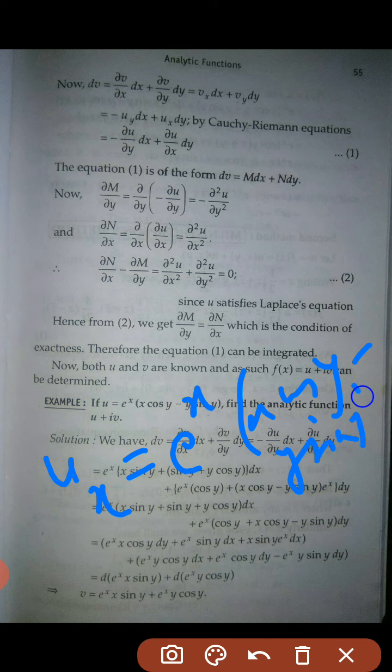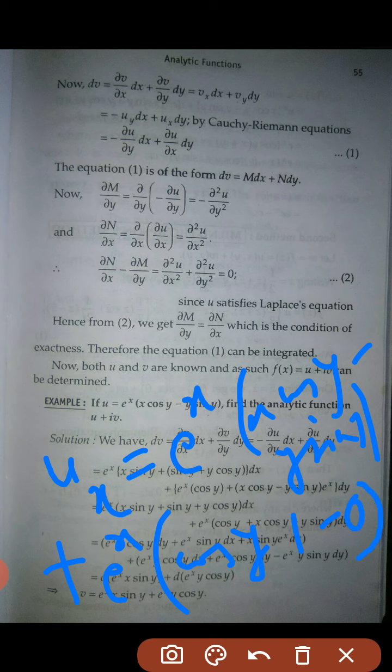Then we have a plus sign. Now e to the power x is taken as a constant. Now bracket. The first value is x cos y, so cos y is taken as constant. Differentiating x with respect to x, we get 1, so cos y into 1. Then we have minus sign. Now this is a function of y, so we cannot differentiate further because it is a partial differentiation. So we get the value 0.